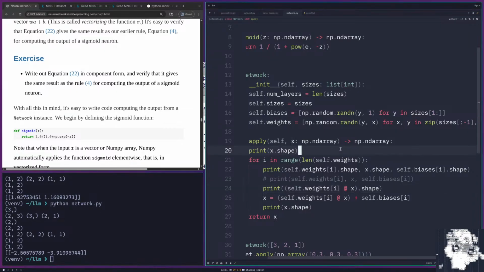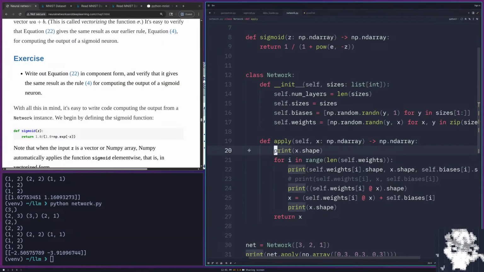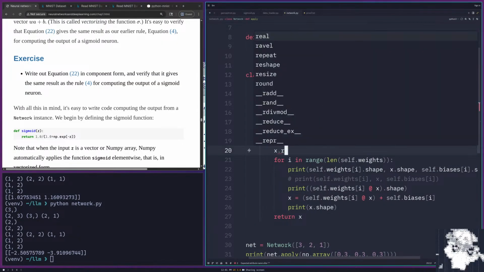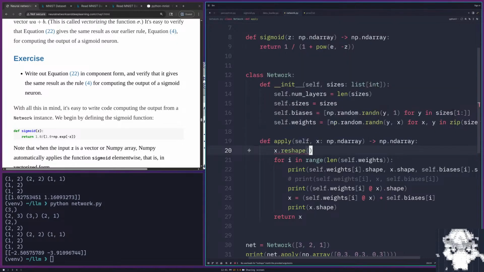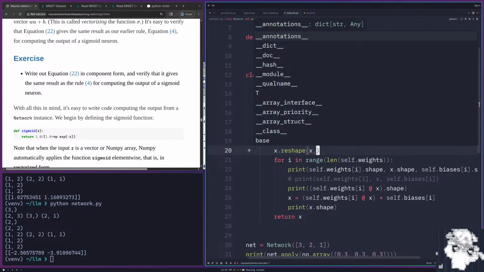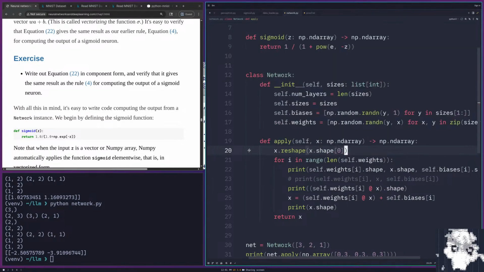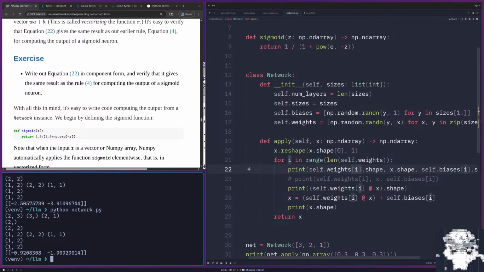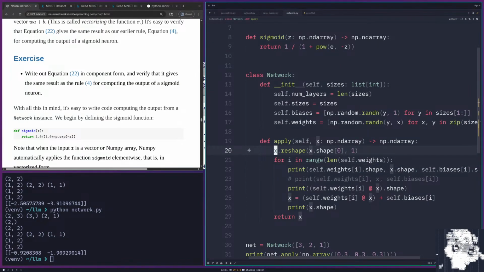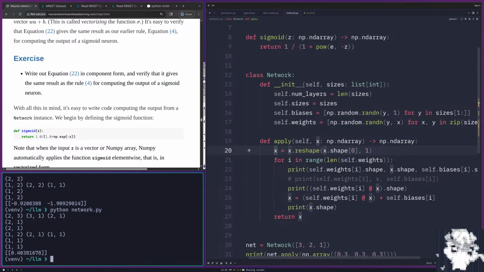What if I just force... Can I do x dot reshape? x dot shape of 0 and then 1? Is that a thing? Would I have to say x equals that? Yes.